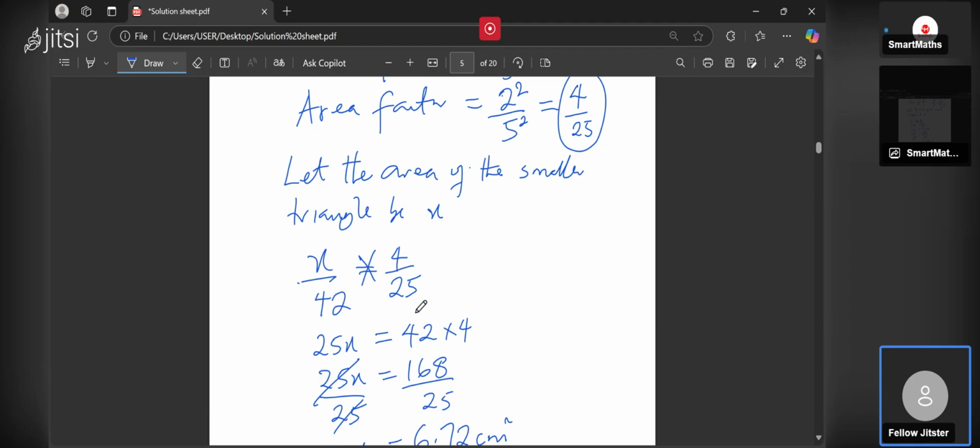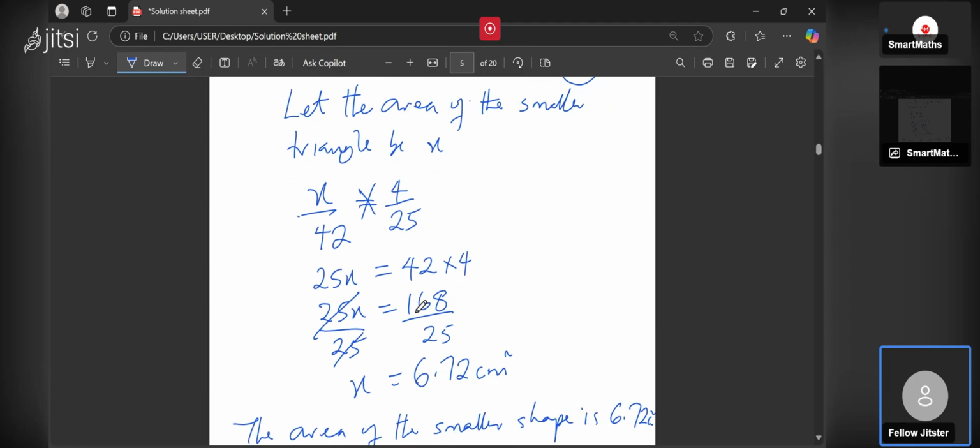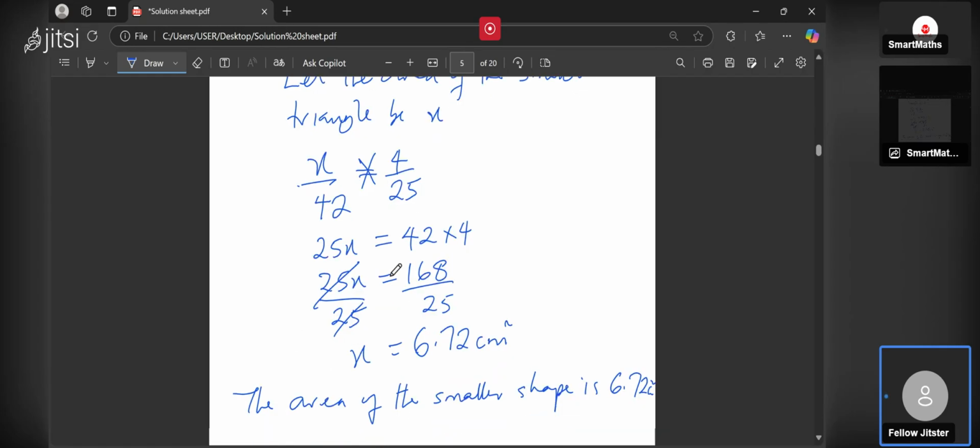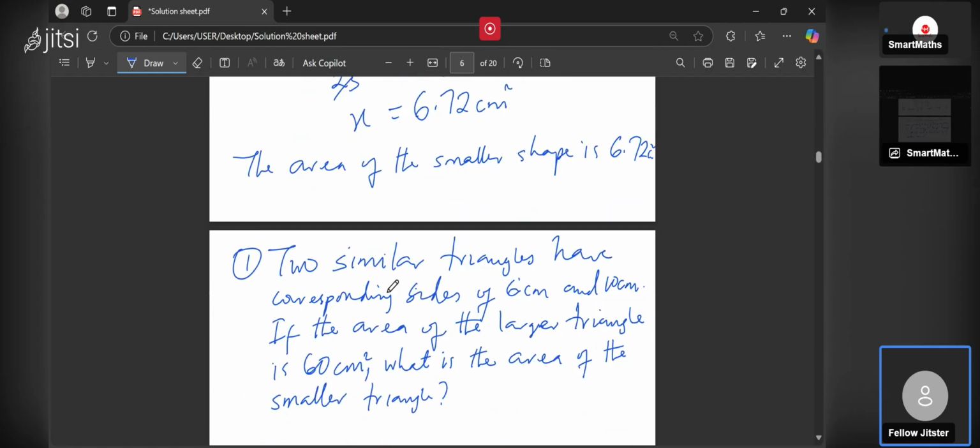We cross multiply and find the value of x, and that means the area of the smaller shape is 6.72 centimeters squared. I hope that is clear. Okay. Now look at this question and see how you can try it.